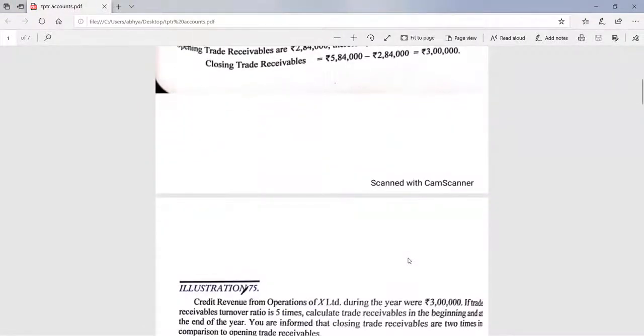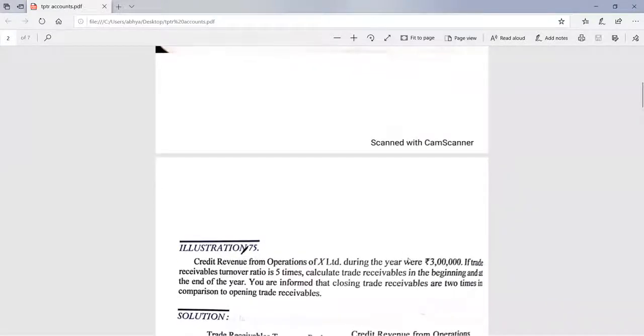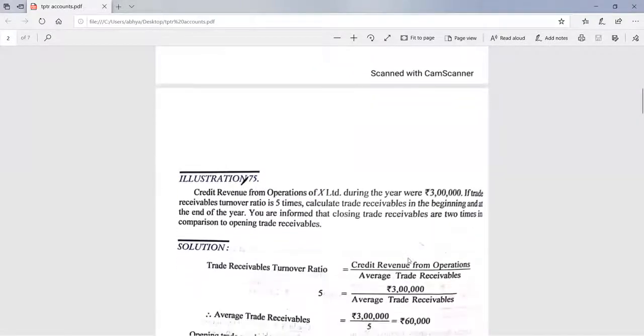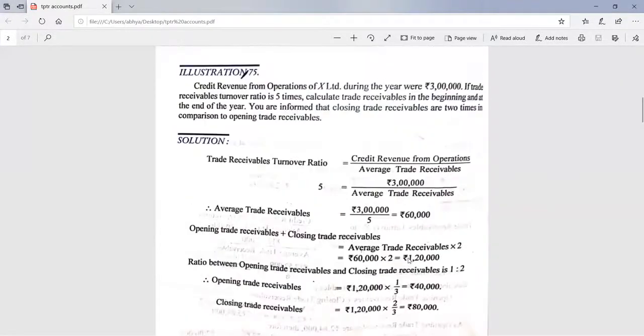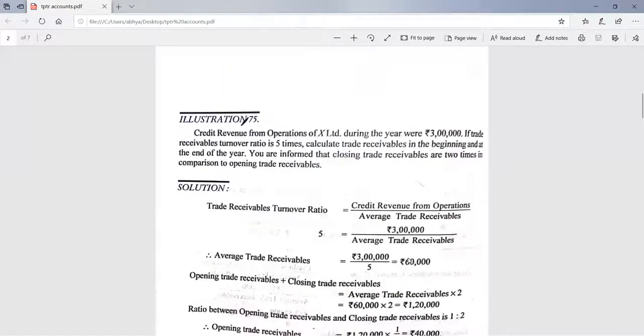Next question. Credit revenue from operations of X Limited during the year is 3 lakh. The first variable of the ratio is already given, that is 3 lakh.